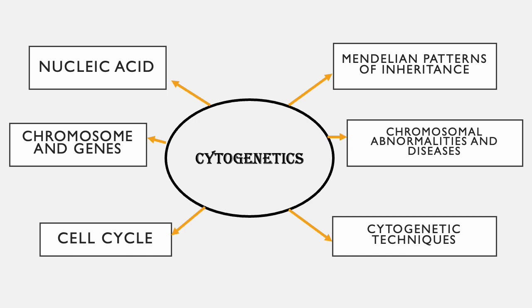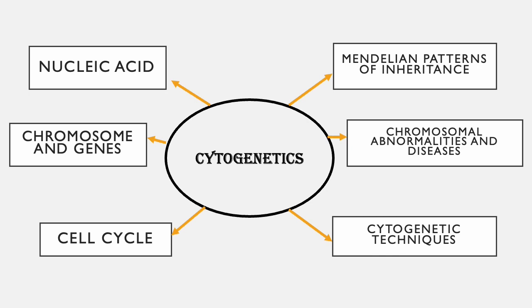Now, cytogenetics would involve learning about nucleic acids. That's why we have topics in nucleic acid as part of cytogenetics. So we study the biochemistry of nucleic acid as well as the structure of deoxyribonucleic acids.